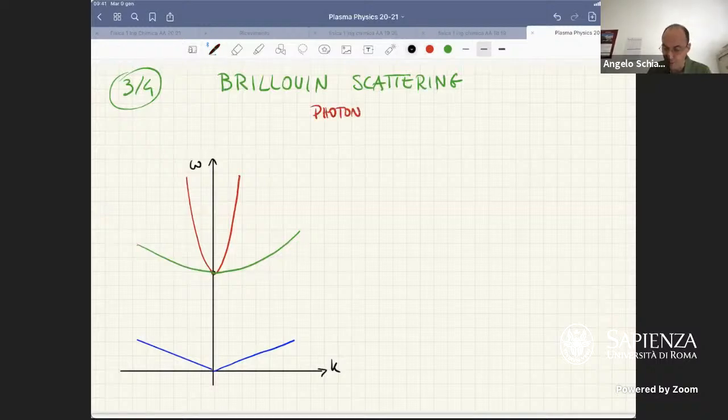As before, we focus on, for instance, a laser pulse that is hitting the plasma. So our radiation is a photon that we want to couple to the plasma. So the incoming photon decays into a phonon and another photon. So we have another photon in the process plus a phonon, so an ion wave.